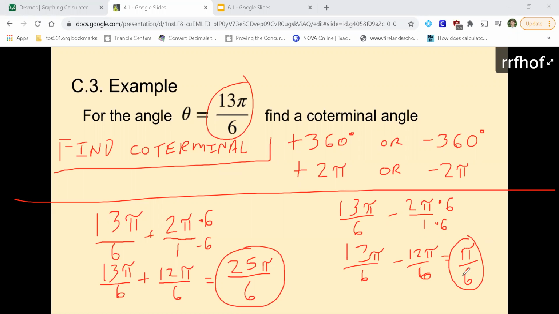But again, what my work is telling me is that all three of those angles will basically look like this. They start on the x-axis and they stop at pi over 6. Where the 13 pi over 6 is like a full revolution, and then it goes to the pi over 6. And the 25 pi over 6 actually does a full revolution, then another full revolution, then it stops at pi over 6.